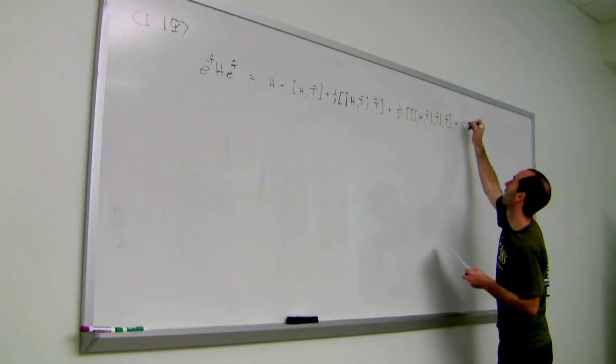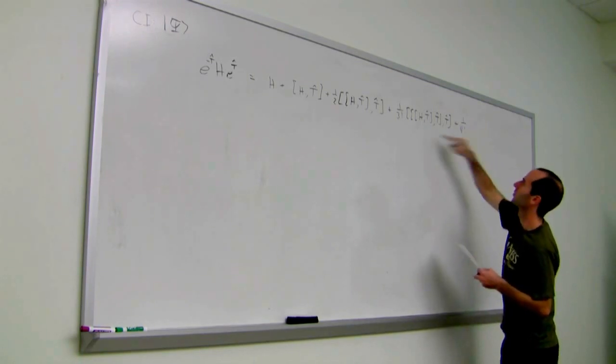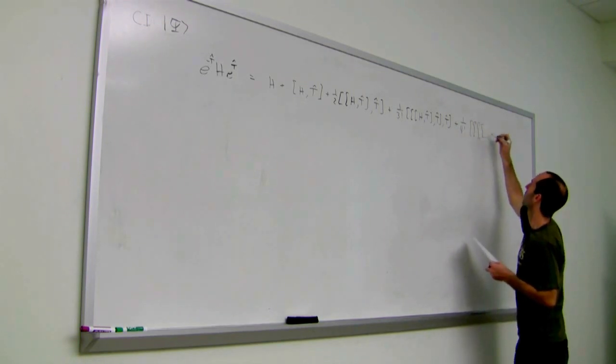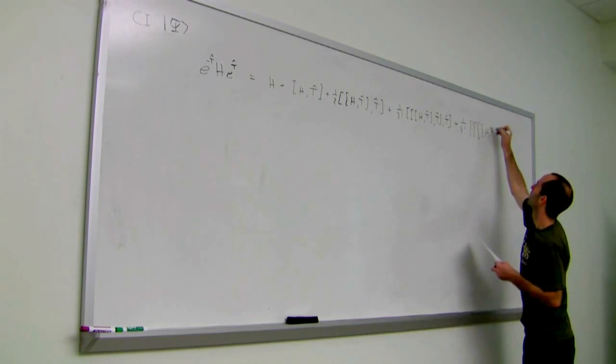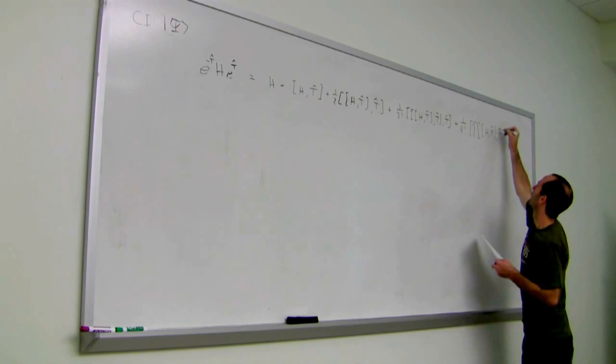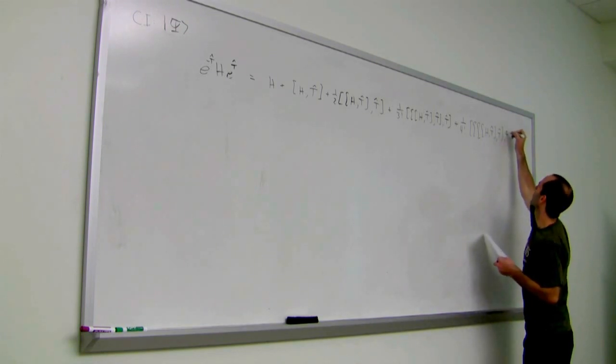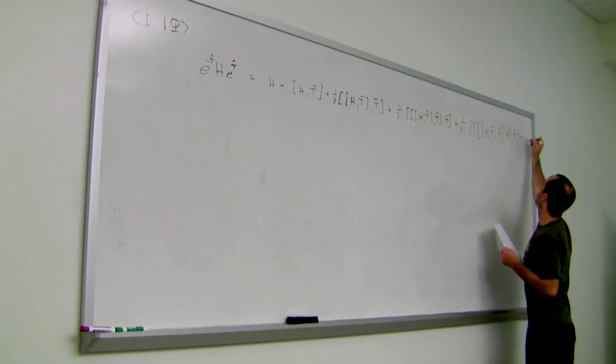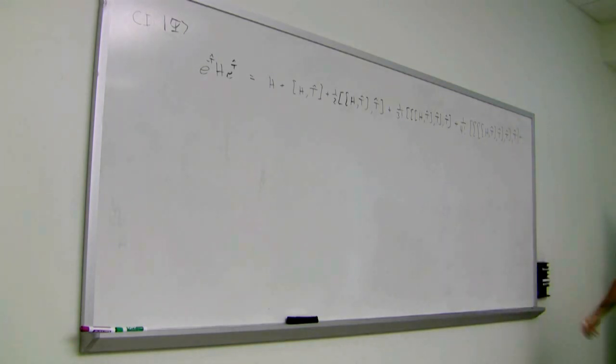And the quadruple one, 1, 2, 3, 4. Am I going to have space? Just barely. Plus infinitely more terms.